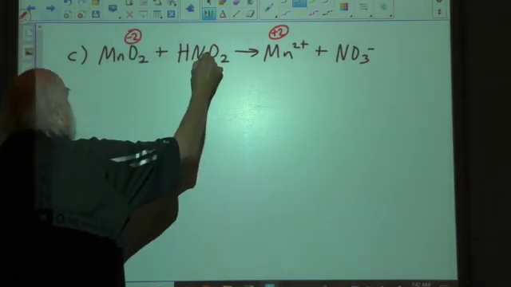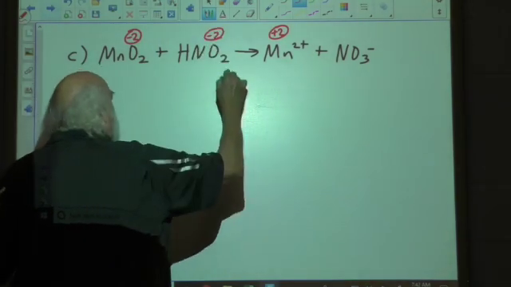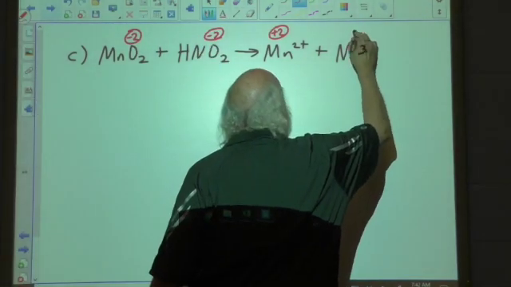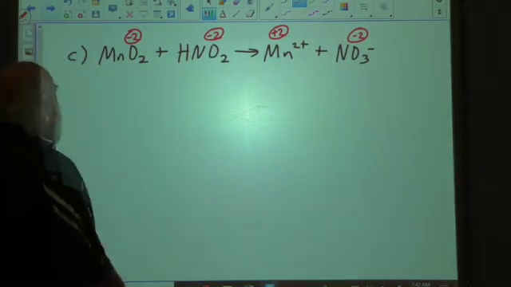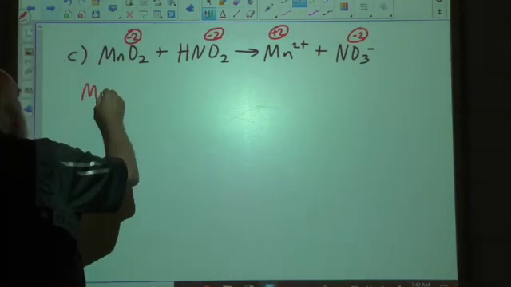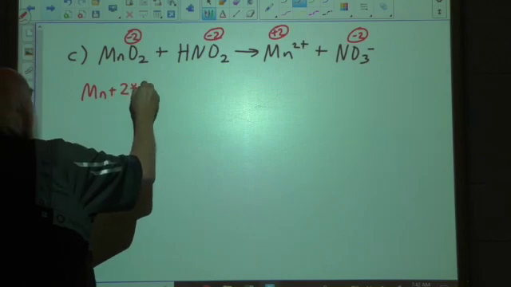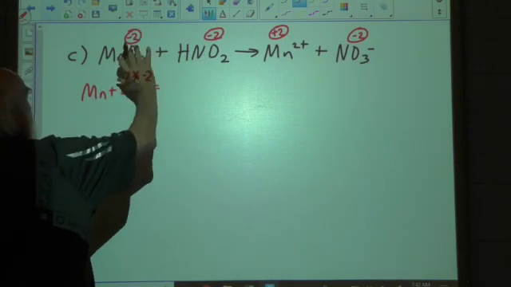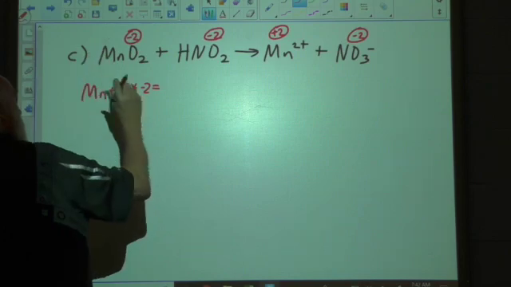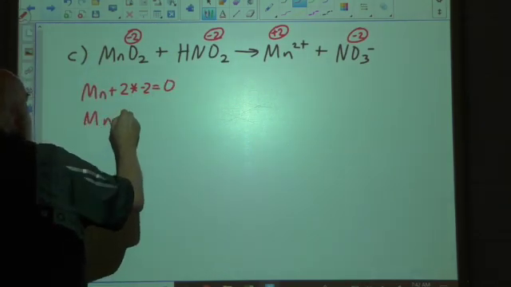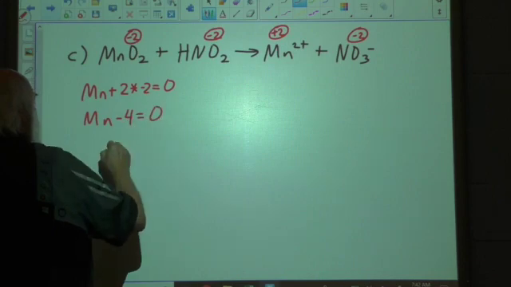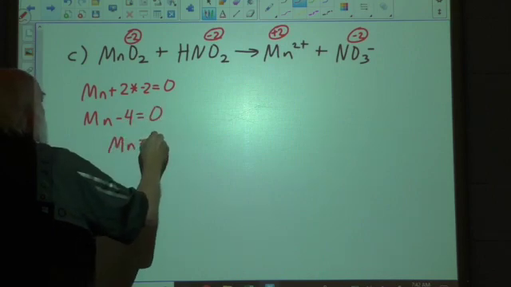In fact, every oxygen I'm going to see here, I'm just going to go ahead and put a -2 above each one right now, and then go from there. So this means that we have Mn plus 2 times -2 equals the overall charge. There's no ionic charge here, so that means it's going to be equal to 0. So that means Mn minus 4 equals 0. So Mn equals +4.